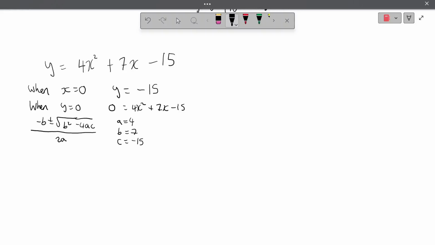So we type that in a calculator, and you get x equals minus 7 plus or minus the square root of 7 squared minus 4 times minus 15, over 2 times 4. So plug that in a calculator, and what do we get? We have x equals 5 over 4, and x equals minus 3.